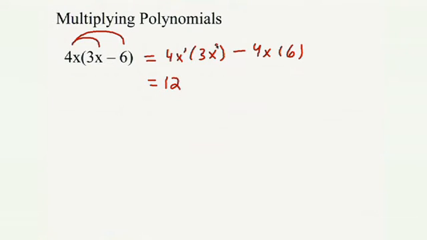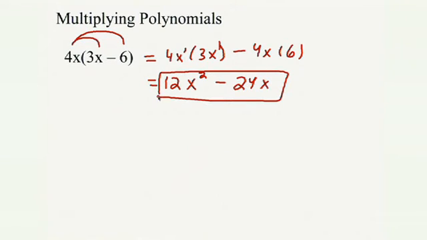X to the first power times x to the first power is x to the 1 plus 1, or second power. Minus 4x multiplied by 6 is 24x. Notice that even though there's no x multiplied by this, it still gets carried down as part of your answer. So the final answer here is 12x squared minus 24x.